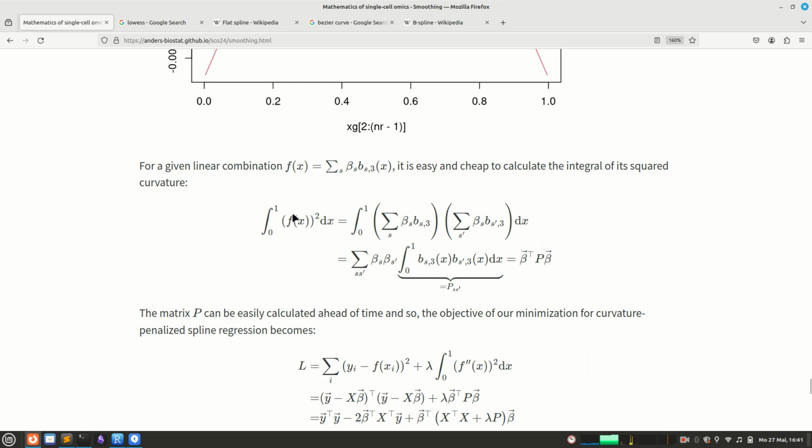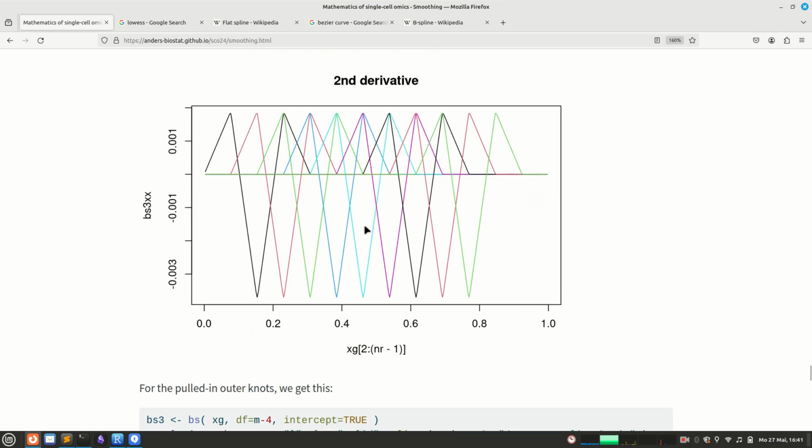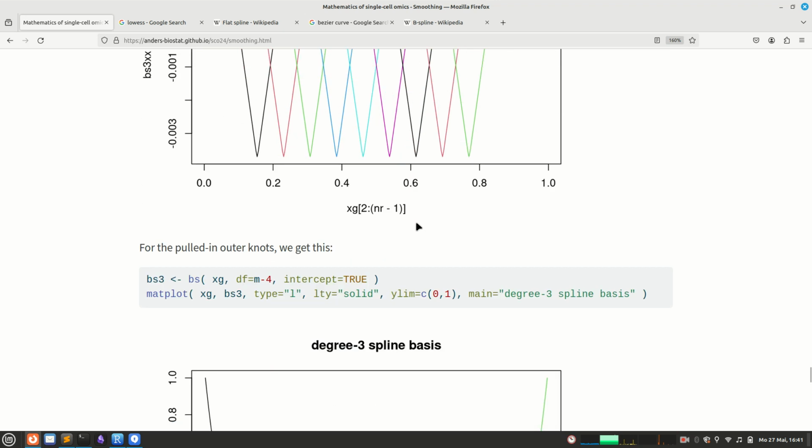So please imagine here a double apostrophe. Here it should say second derivative. I've forgotten the 2 primes. And I can say this prime function, the second derivative, can just be constructed as a linear combination of these basis functions.